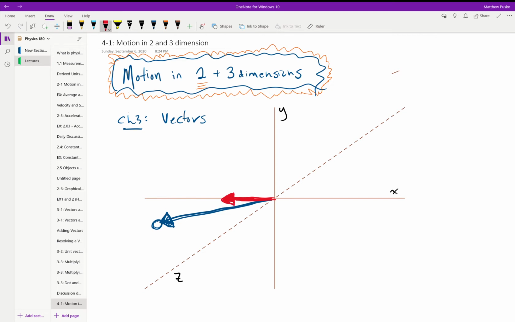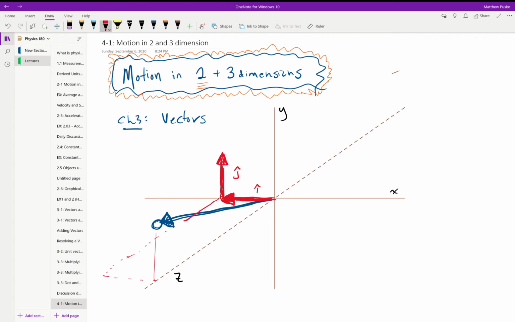So let me finish the drawing, it'll make a little bit more sense. We can say, and I'll put numbers to this also, that it's a little bit above the y-axis, so it's going to have some y component. This is our i, this would be our j component, and it looks like it comes out here along the z-axis, like so.